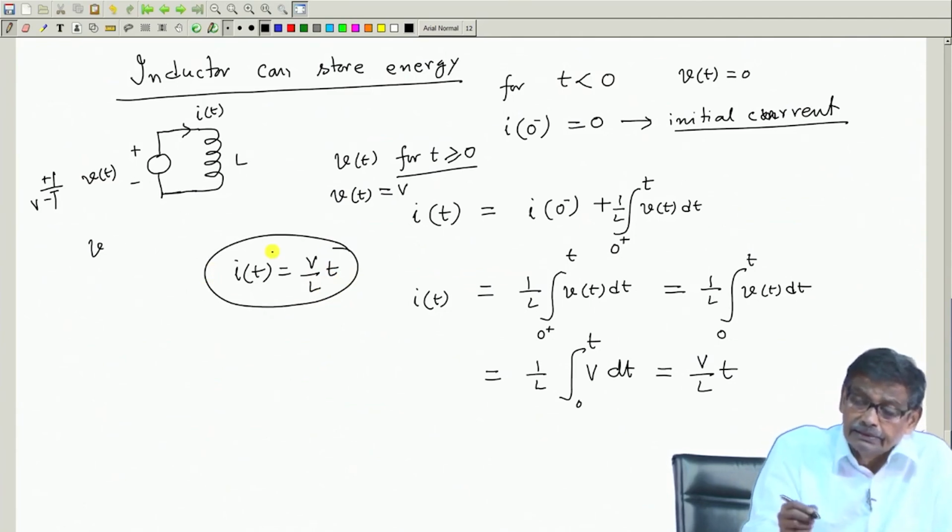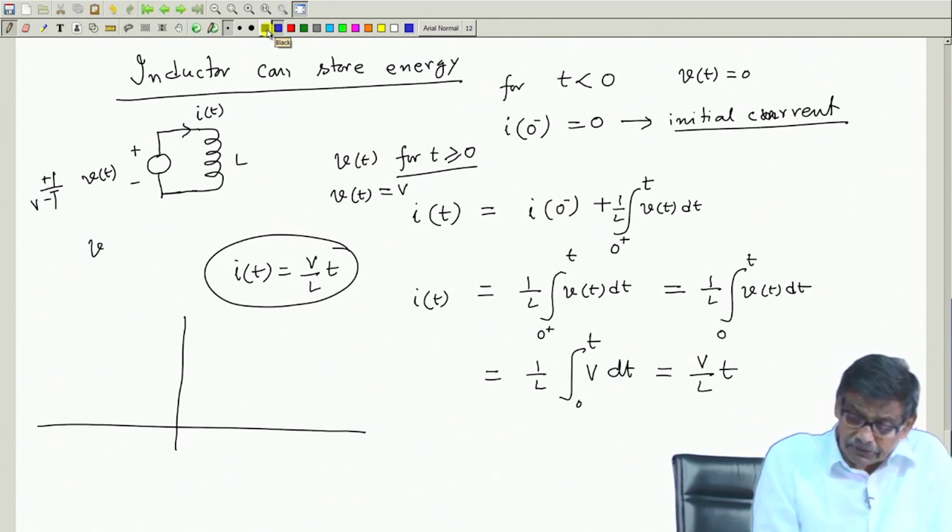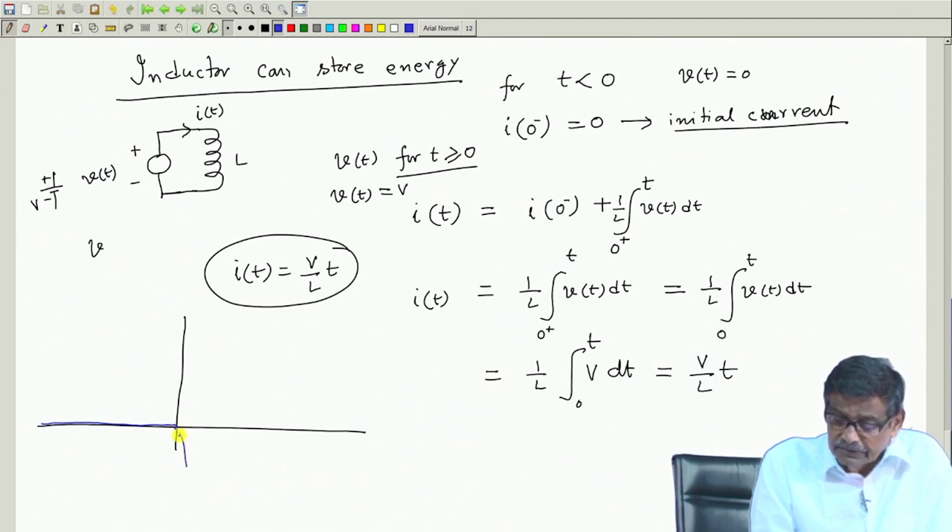And it is always better you sketch the current. So, the current sketch: for t less than 0, you did not apply any voltage, v(t) was 0, therefore current was 0. This is t equal to 0.